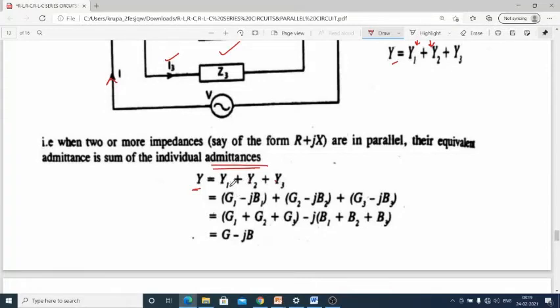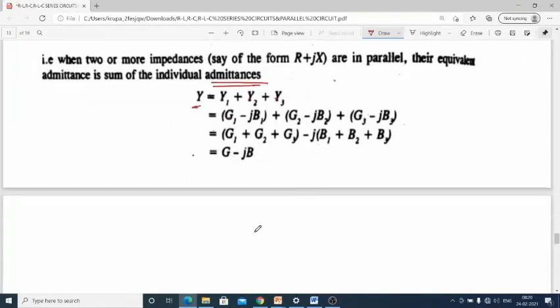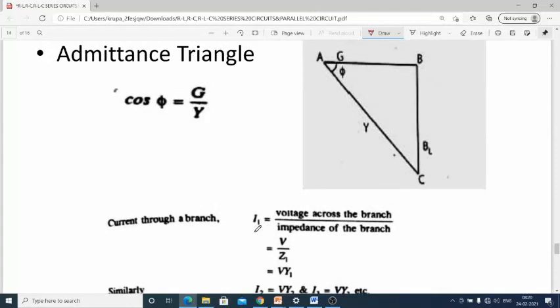So Y1 is G1 minus jB1, for Y2 it is G2 minus jB2, for Y3 it is G3 minus jB3. So we separate the real parts and imaginary parts. Now the admittance triangle.